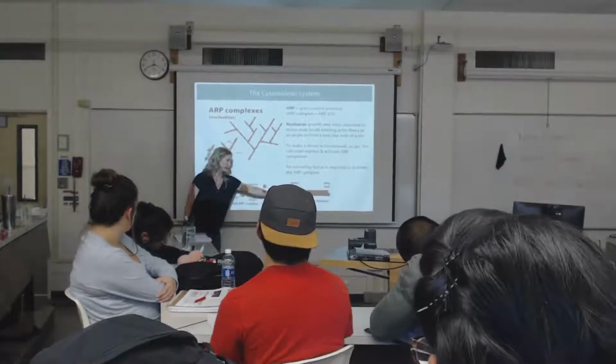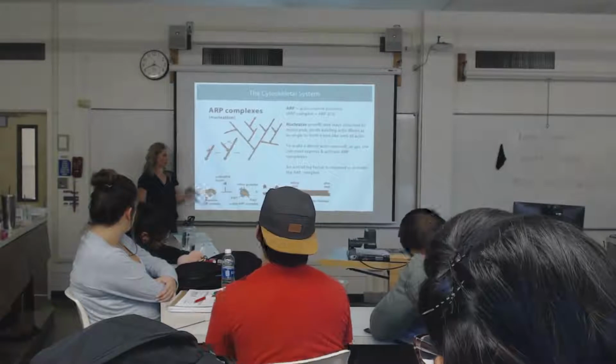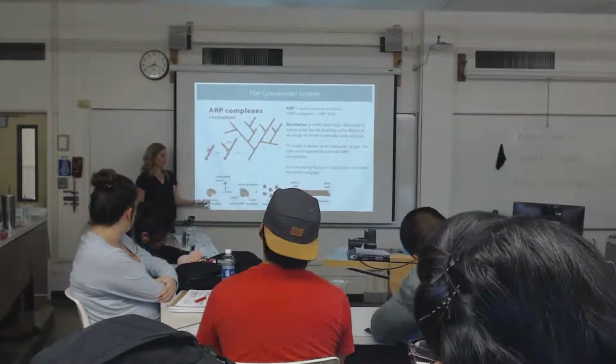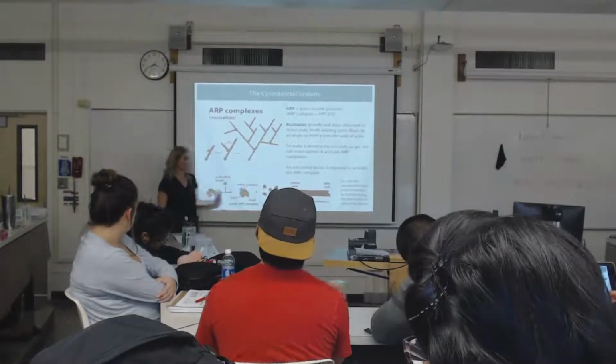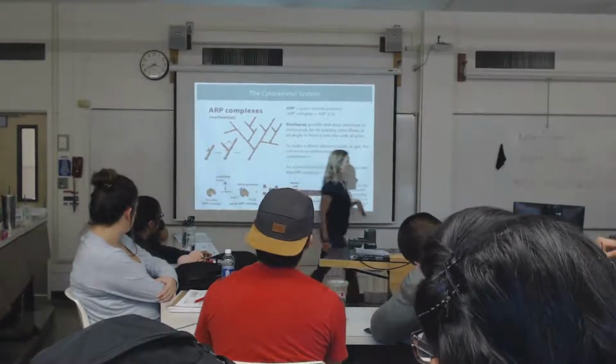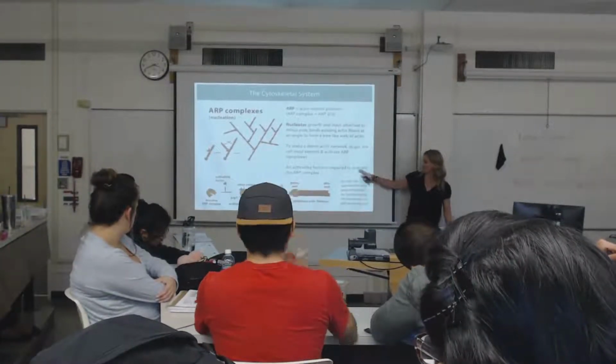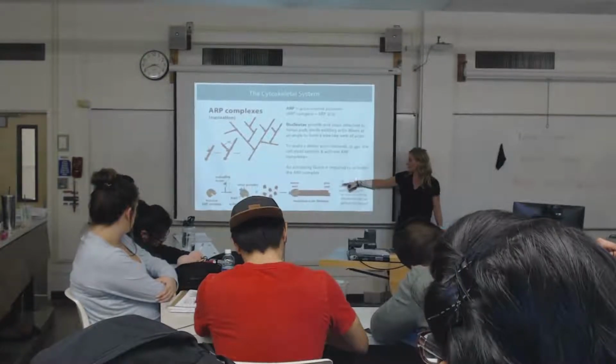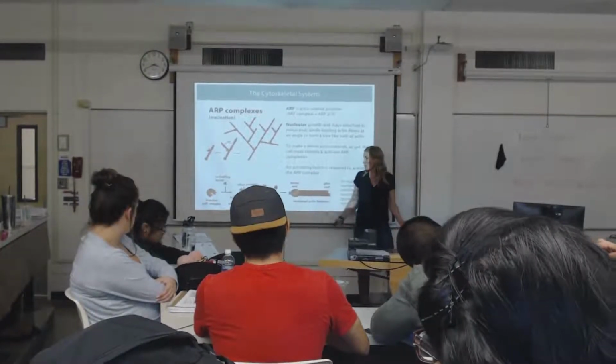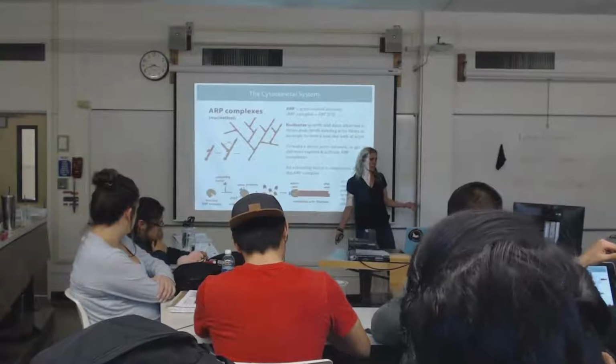That allows it to bind actin and nucleate that growth. So cells can manipulate actin polymerization by manipulating expression not just of ARP complex, but of activating factor. If you have ARP around but no activating factor, ARP can't do its job.